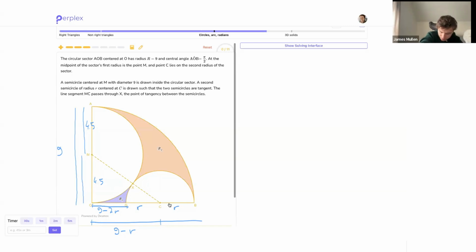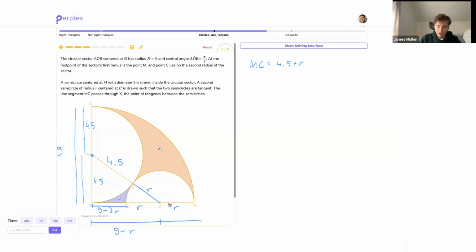And now I want to think about this length MC. I noticed that the length from M to X is also the radius of this smaller circle, which I know is 4.5. And I know that C to X is R. It's also the radius. So the length MC is equal to 4.5 plus R.